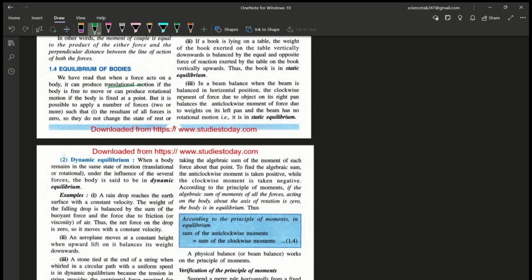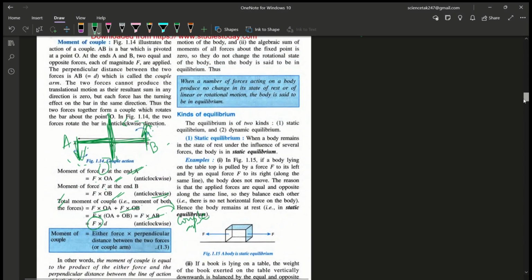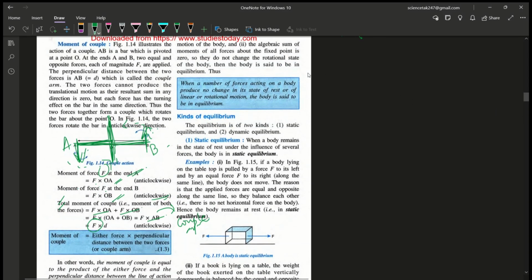Now, if the body is free to move, translation. If the body is fixed, rotation. But it is possible to apply a number of forces such that the result of all the forces is zero, so they do not change the state of rest or of motion of the body. The algebraic sum of moments of all forces about the fixed point is zero, so they do not change the rotational state of the body.